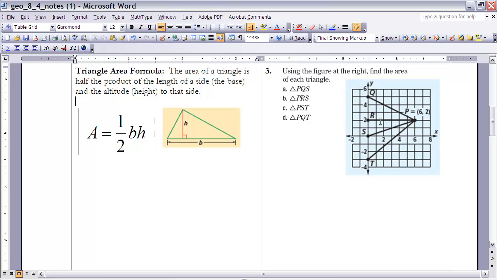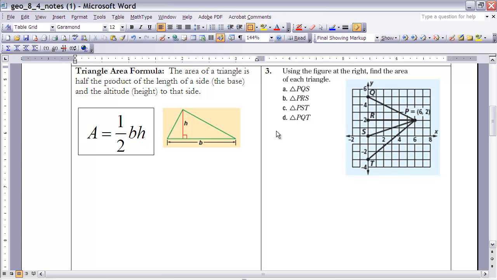Well, if you think about P as being the vertex point, P is a vertex point in all of the triangles that are there. And if you look at that, then RP could represent the altitude of every one of those triangles.